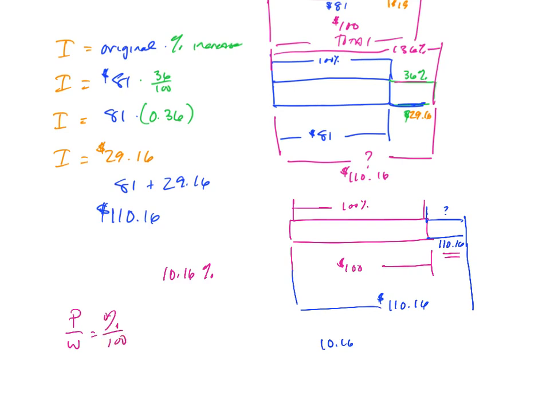Then that means we're going to say $10.16 over 100 equals our percent over 100. Oh, look, that's the same fraction. So this is a 10.16% increase, because this 100 is the same as the 100 here.